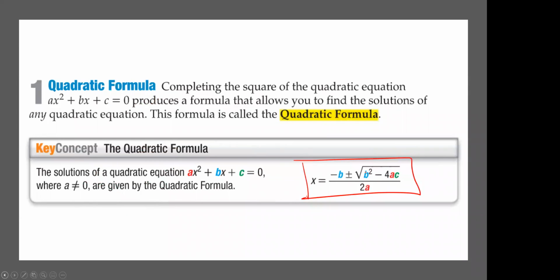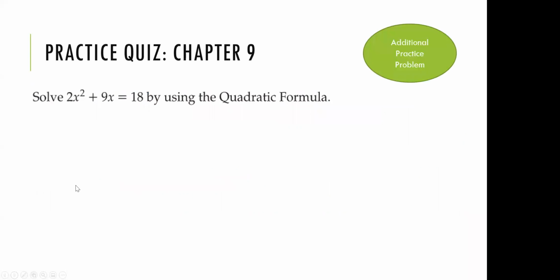Anytime you have a quadratic equation that you're trying to solve, you can just plug in a, b, and c into this formula, and then you have your solutions. This is an additional problem. It's not on the practice quiz, but you will have one like this on your quiz.